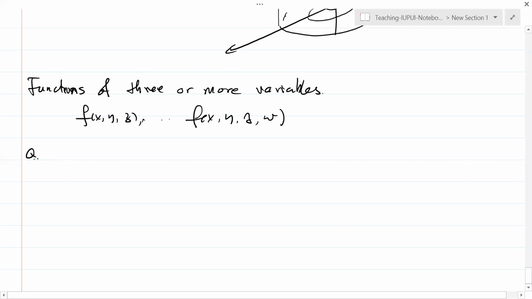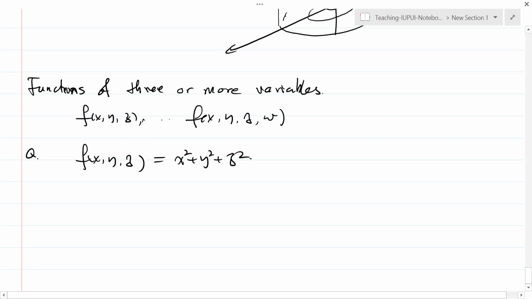Okay, so take a look at the example. Given a function of x, y, z, that is going to be x squared plus y squared plus z squared.